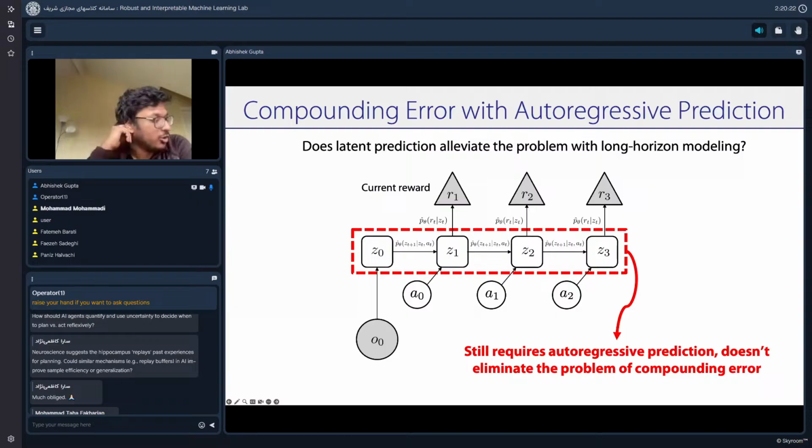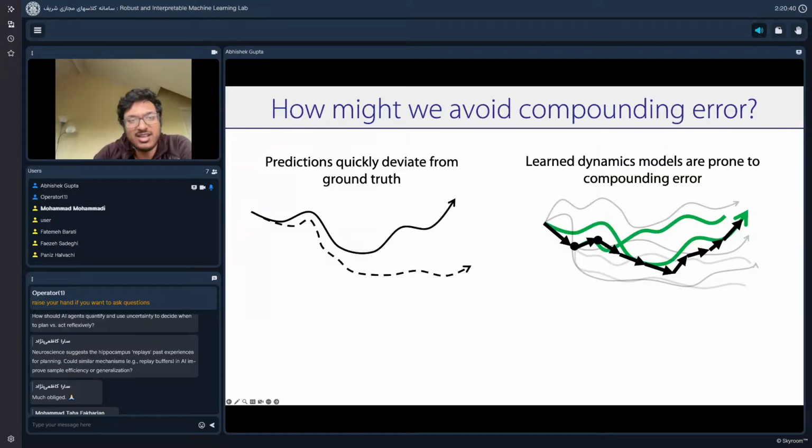You're going into latent space, predicting the next latent, feeding that back into your model, predicting the next latent, feeding that back in, and repeating this generate, feed back in process. So it doesn't really eliminate the problem of compounding error. You still have this problem of quickly deviating from the ground truth, and this becomes a problem as you go to longer and longer horizons. Any of these learned dynamics models, even if you're just predicting latent variables, are still prone to compounding error.